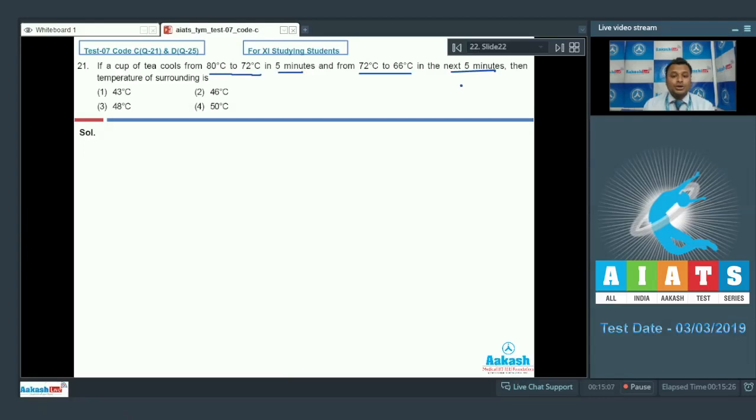The question belongs to Newton's law of cooling, and we know according to Newton's law of cooling, the rate of change of temperature with time will be directly proportional to T minus T naught, where T is the average temperature and T naught is the temperature of surroundings.